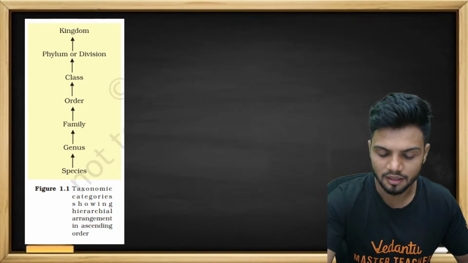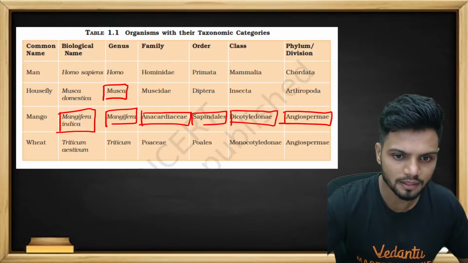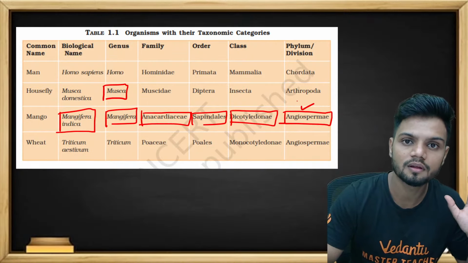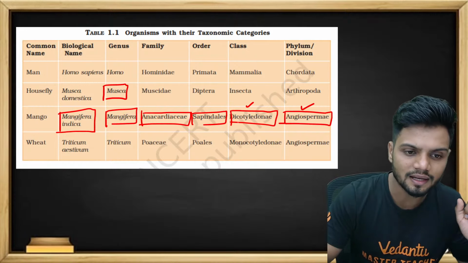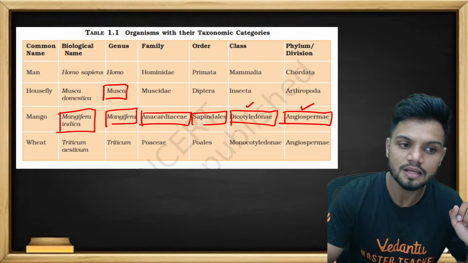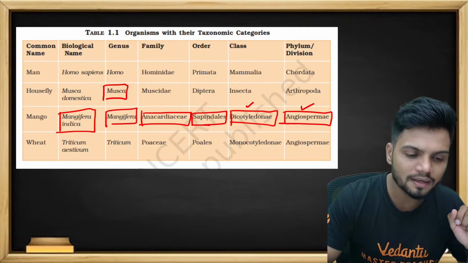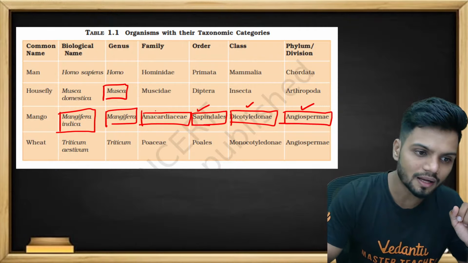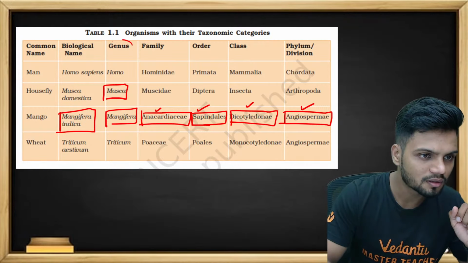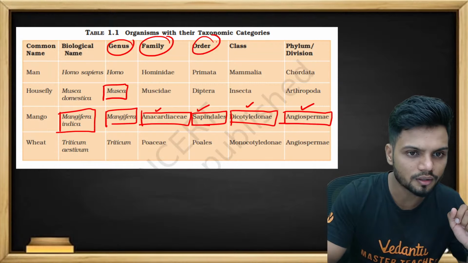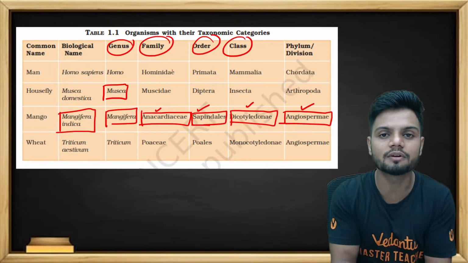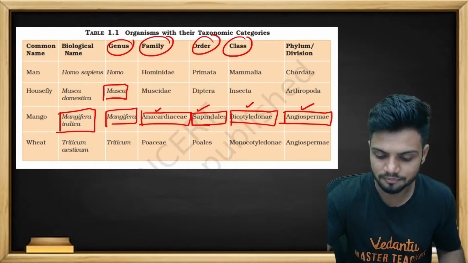For example, in this taxon, all the angiosperms are flowering plants. In this taxon, all the dicots have two cotyledons. Similarly, all the Sapindales will have a common feature, all the Anacardiaceae will have a common feature. And we call them genus, family, order, class. This genus, family, class, order is basically a special name given to a taxon or taxa.